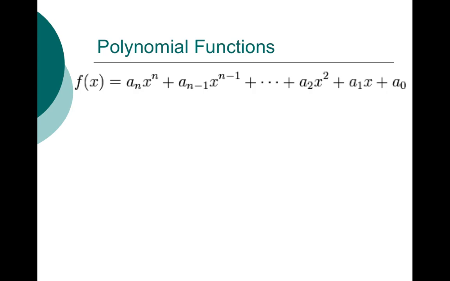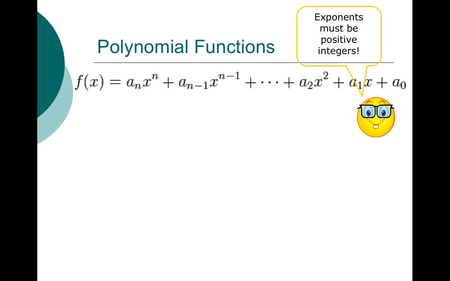Okay, look at polynomial functions. All those a's are coefficients, and they have subscripts, n minus 1, all the subscripts. And notice that it ends with a constant. Notice that the highest degree is n, and that the degrees on the independent variable x go down from there.